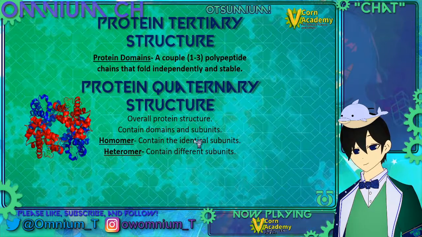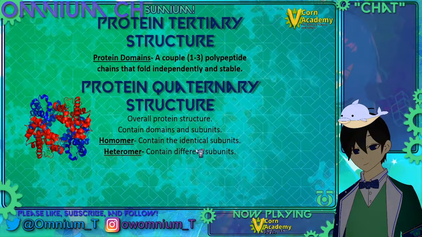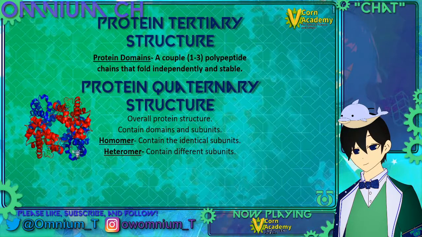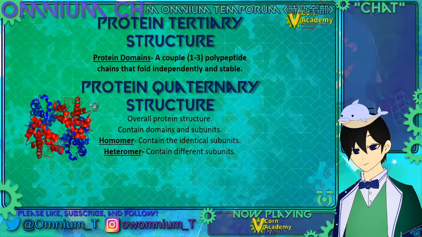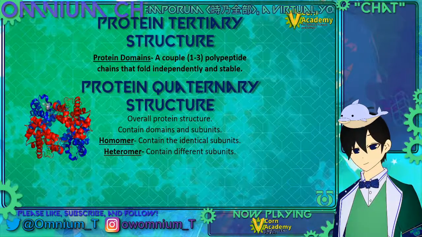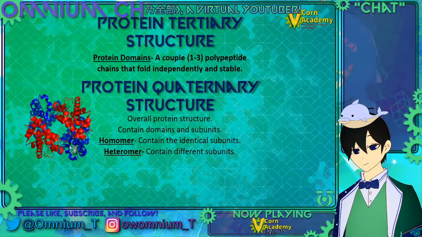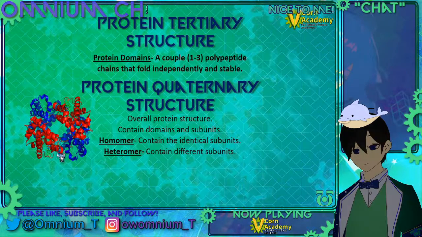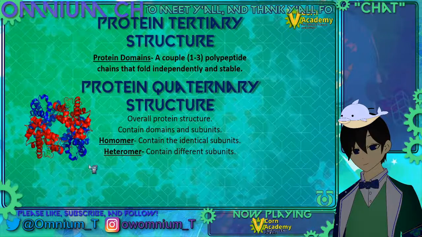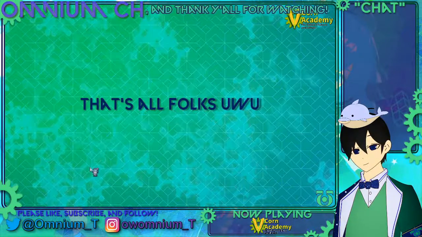So they contain identical subunits and different subunits. This guy is the structure for hemoglobin. So as you can see, you have this guy being identical, then these guys being identical. So this would be a hetero tetramer, if I recall that correctly.